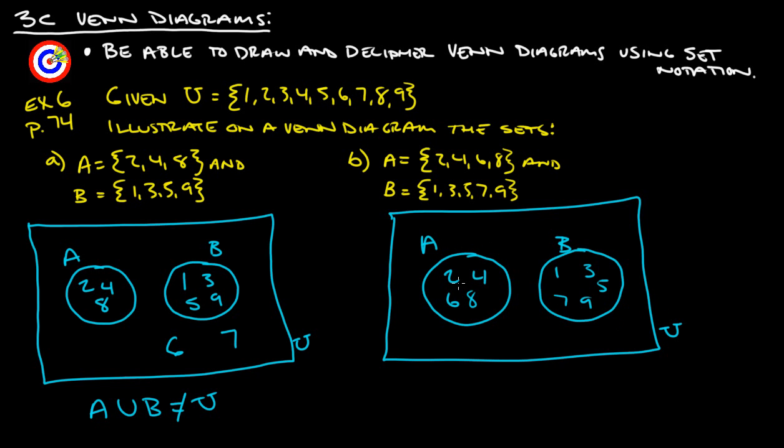Right? And if you look at this, it's got all of the numbers in here, and there's no numbers left over in the universal set that aren't in both, like we had in example A. So in this case, A union B does equal the universal set. And again, this down here is just extra info that you don't necessarily need to have down.